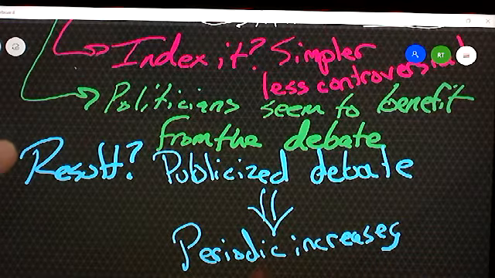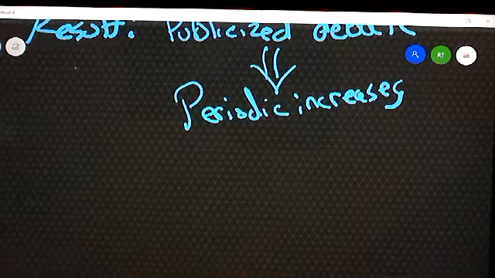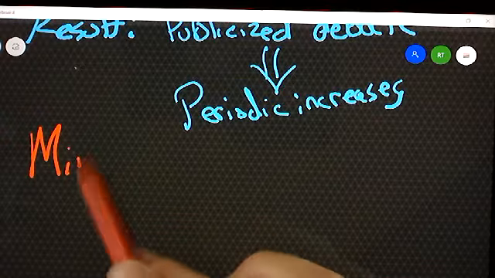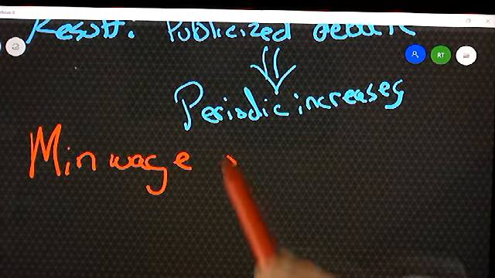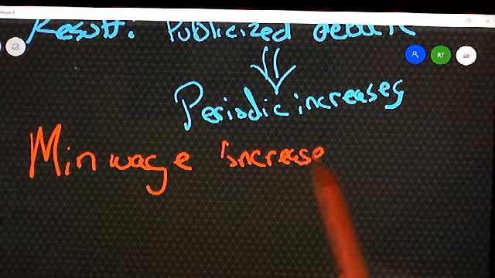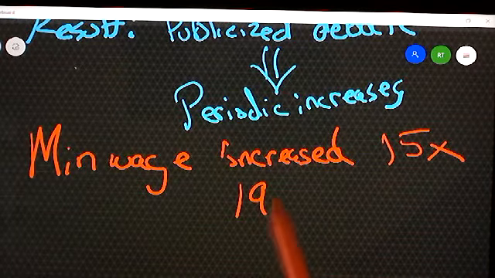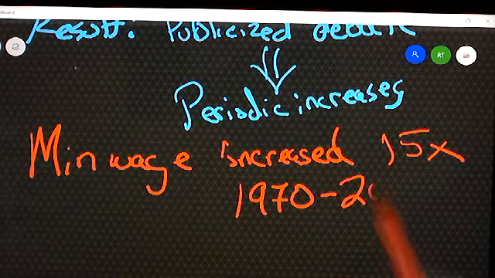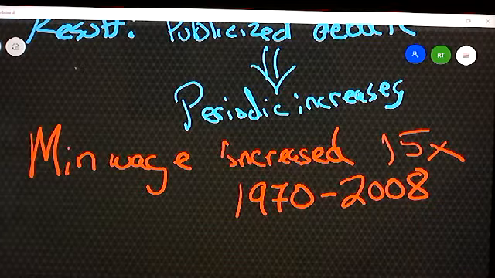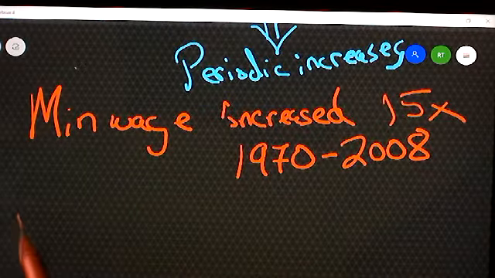So the minimum wage has increased 15 times between the period of 1970 and 2008. And what do you guys think happened to the real minimum wage?